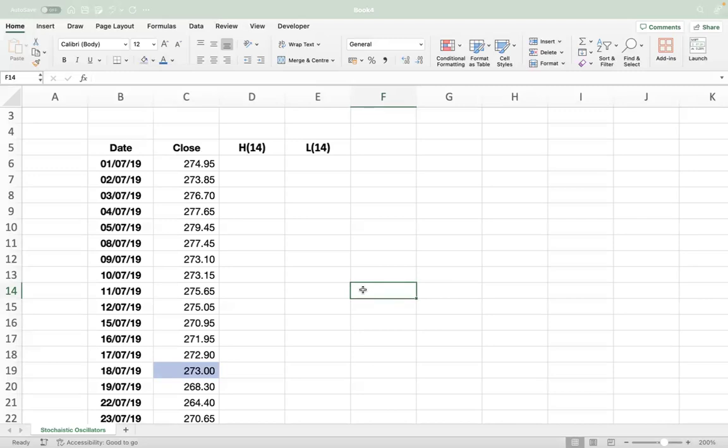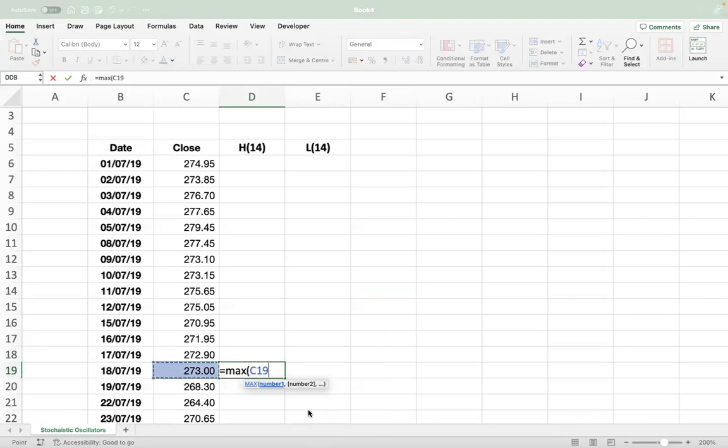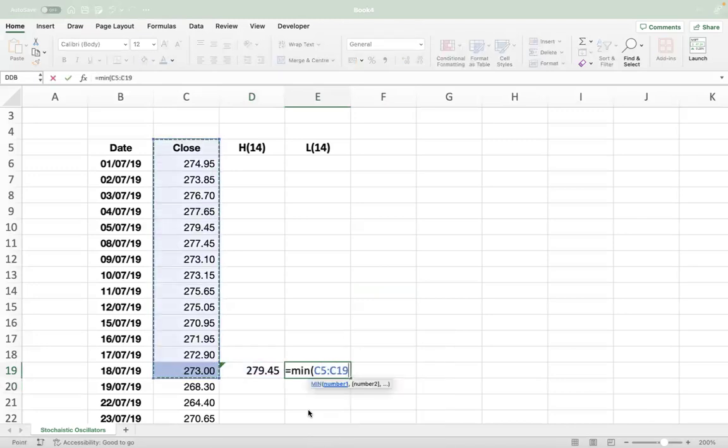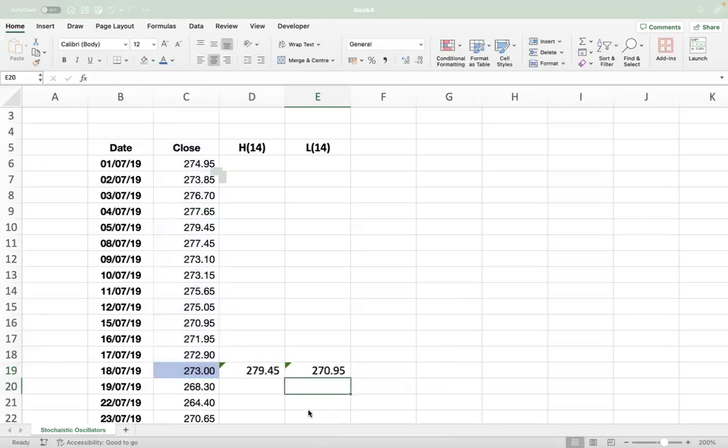Now I have to take the highest of the last 14 days, which I can take by using the max function, and the lowest of the last 14 days, which I can take using the min function.